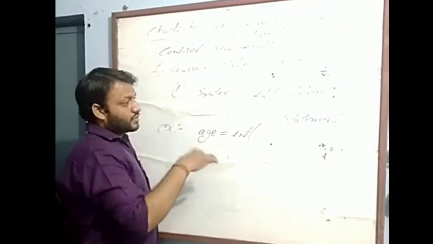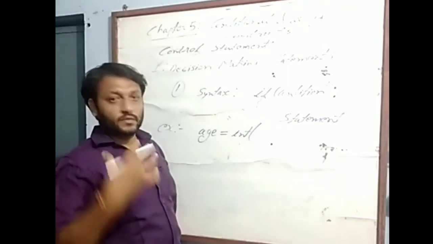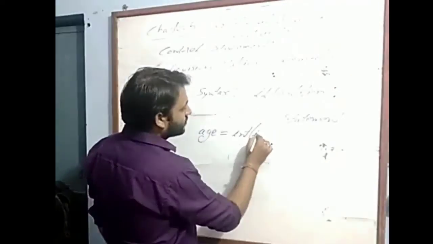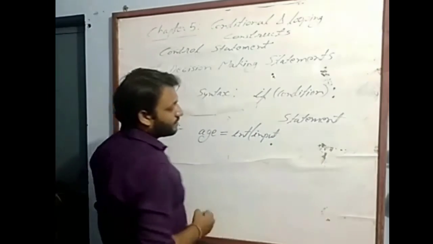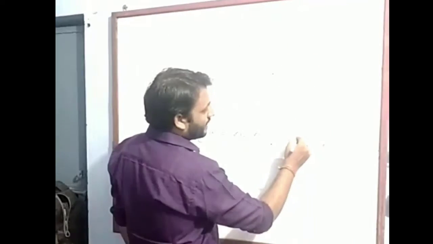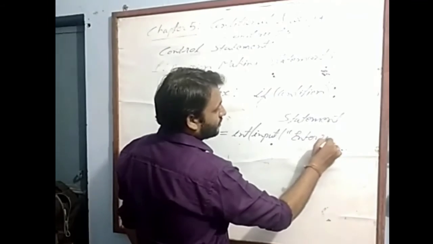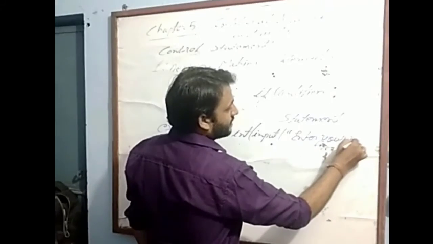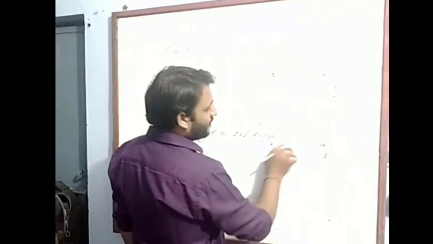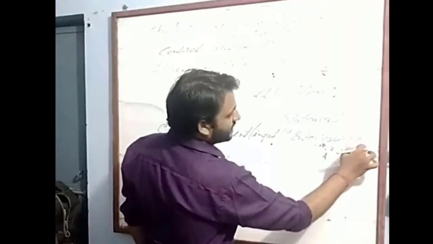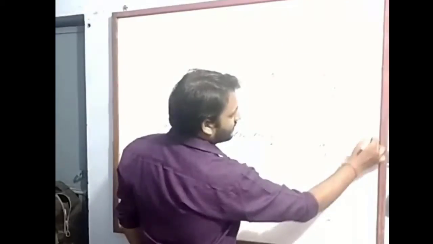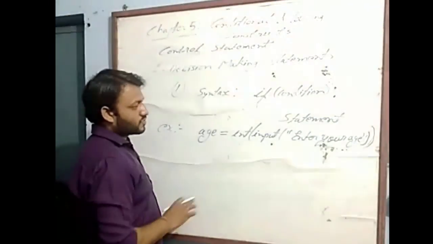The user will input some data. So how can you take the input from the user? You have to use the input keyword and give some message, "Enter your age". This is the opening of the bracket, and first you close this bracket, and after this bracket you close the other bracket.